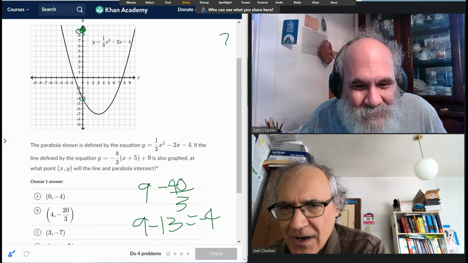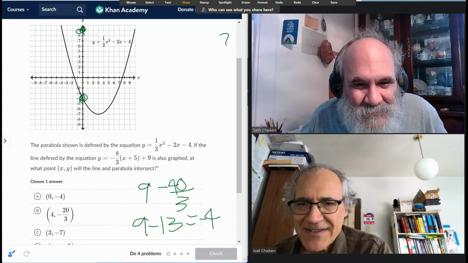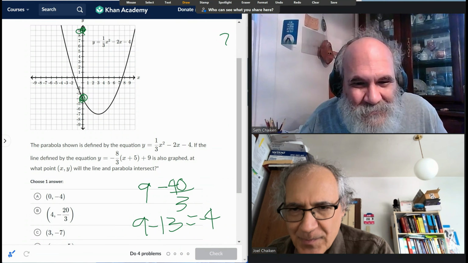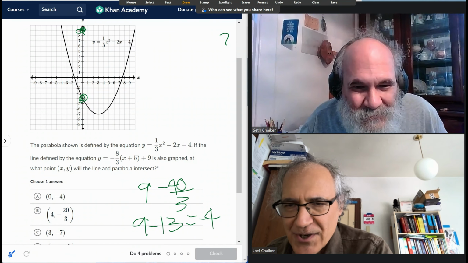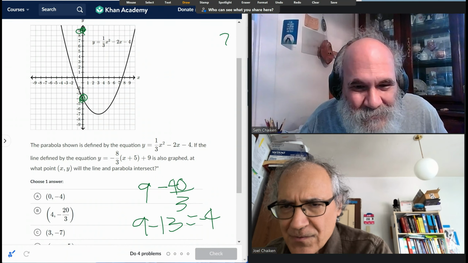Negative 4 is the y-intercept, approximately. Now the slope is negative 8 thirds. So we go 1, 2, 3, 4, 5, 6, 7, 8, then 1, 2, 3. So it goes sort of like that.